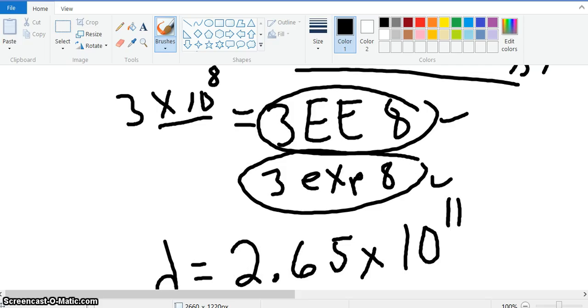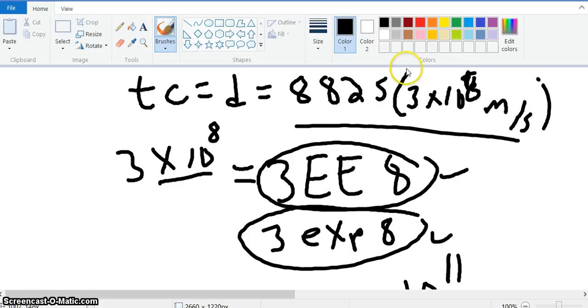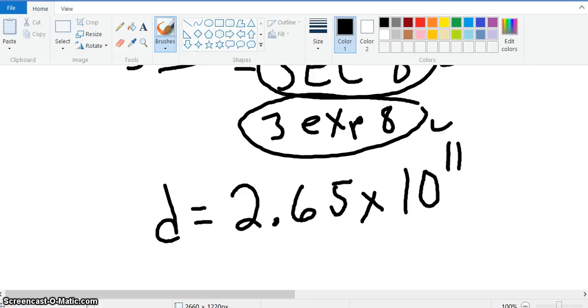If you go back up here, it's meters per second times seconds, so the seconds cancel, and your answer will be in meters. And of course it should be, because we're talking about distance. All right, so there's a good example of you doing velocity with the speed of light.